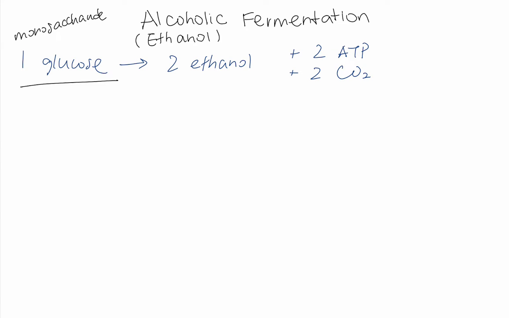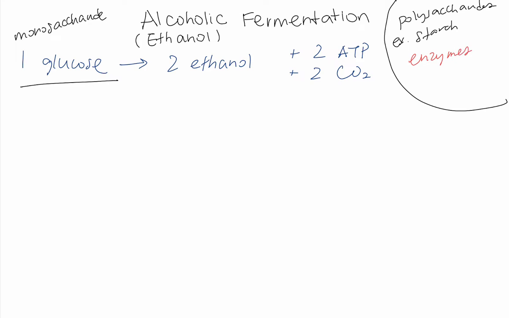But if we have to deal with polysaccharides, like for example, starch, in that case, what has to happen is, because yeast cannot break down the starch in fermentation, we have to let the enzymes first intervene and break down that polysaccharide into monosaccharides so that it can then proceed with fermentation.